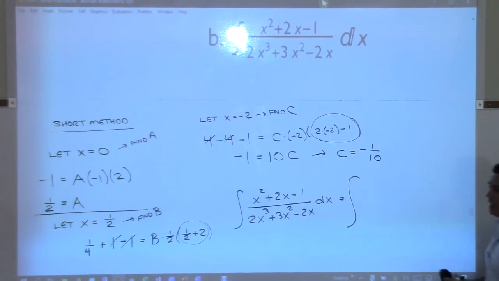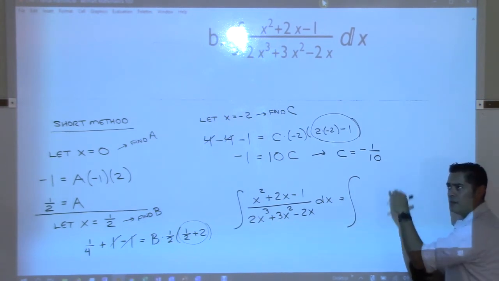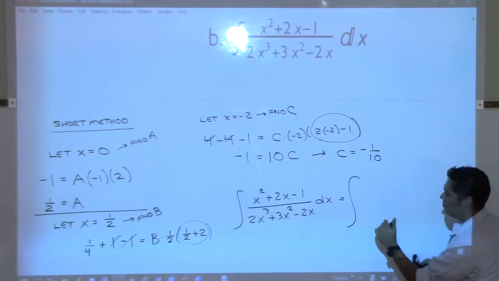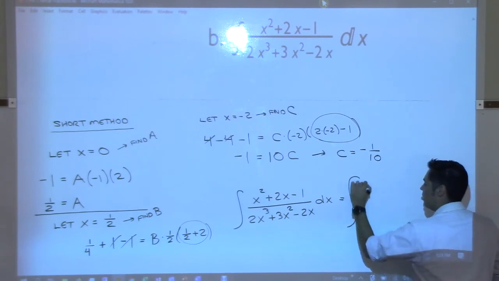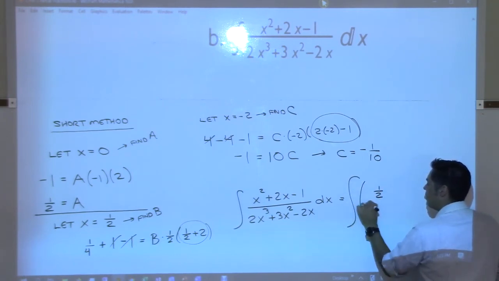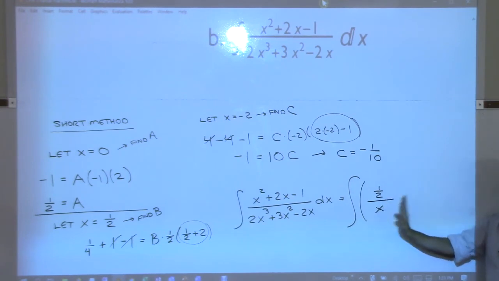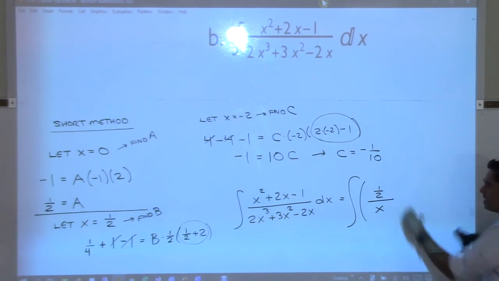I said A was on top of what? It was A over x, right? What's A for us? 1/2. So I'm going to write 1/2 over x. I realize I could just put the 2 on the bottom, but I'm going to do this on purpose. So that's A over x.